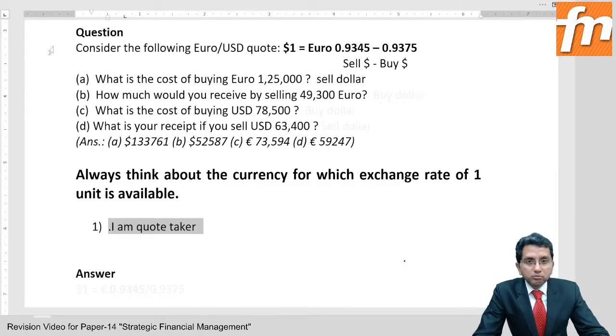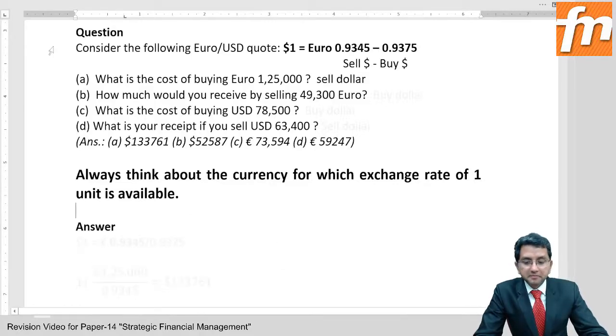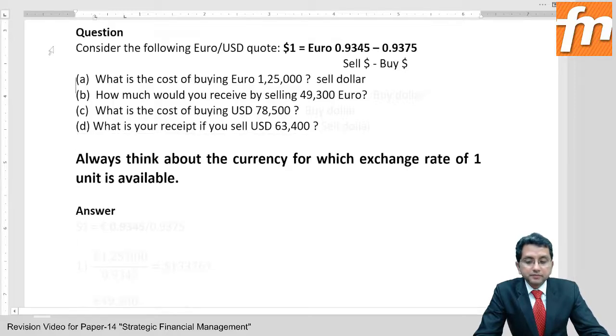I already told you, you need to understand that I am a quote taker. I'll sell dollars at 0.9345 and I'll buy dollars at 0.9375. Now look here.